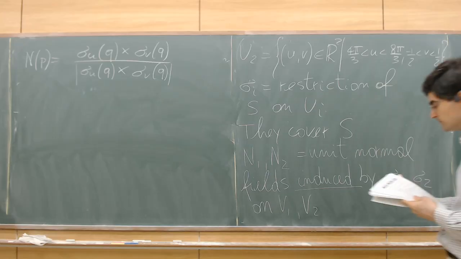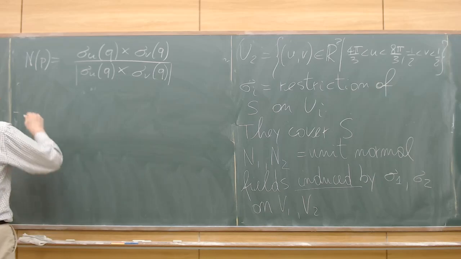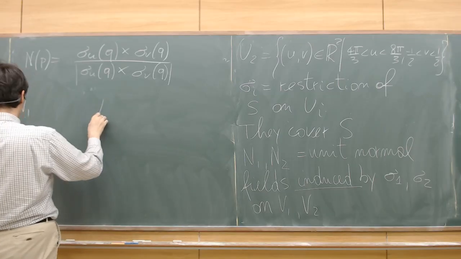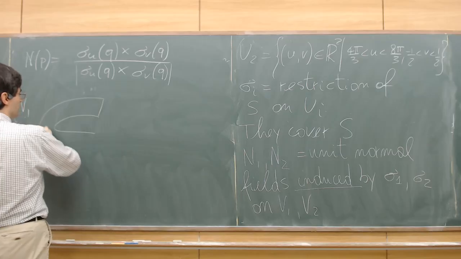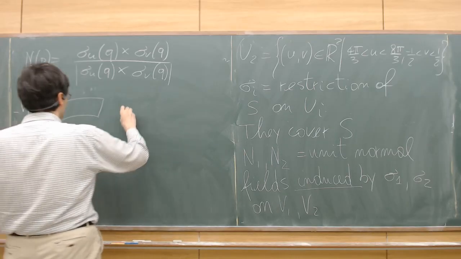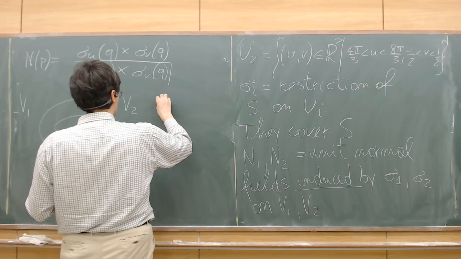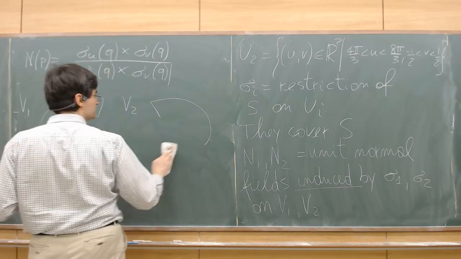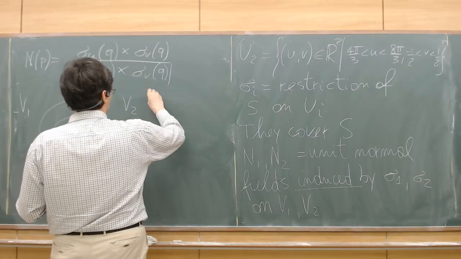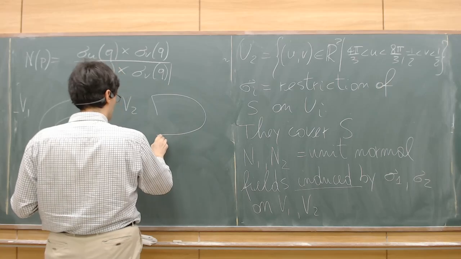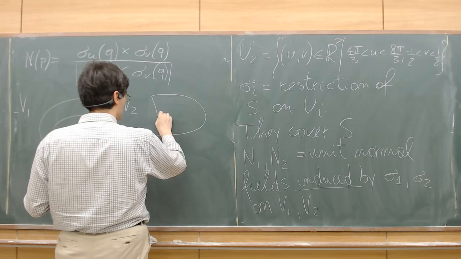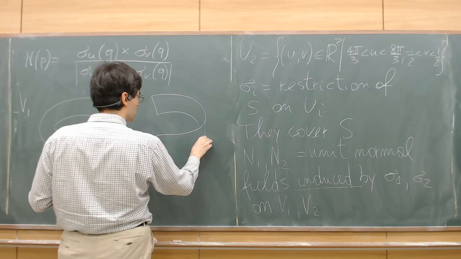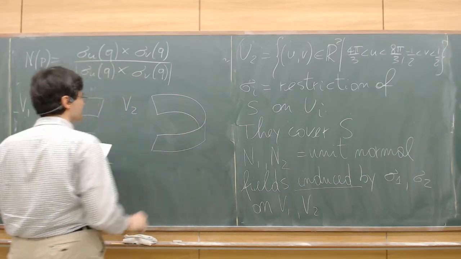Okay, it's possible to prove that V1 looks more or less like this, and V2 looks like this.